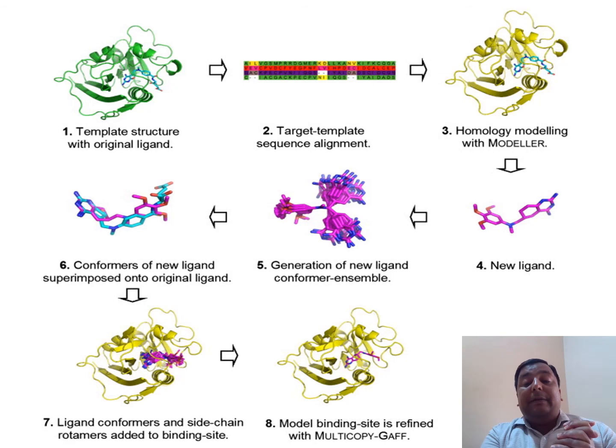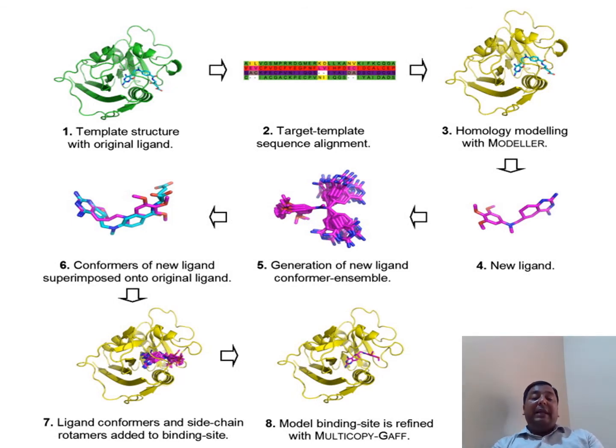Once we screen all these things by different methods, threading methods, ab initio methods, docking approaches, ligand-based drug design approaches, structure-based drug design approaches, QSAR approaches, and many other approaches, there are chances that ligand analogs may give good efficacy and good binding affinity, better than the original ligands associated with the template structures.